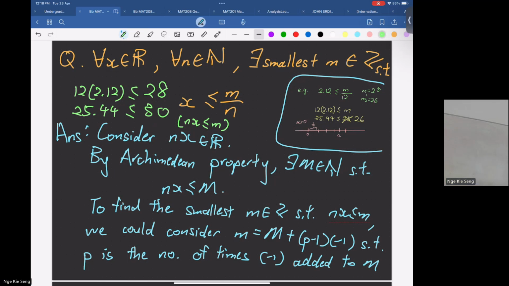Quite obvious, right? You can use all sorts of ways to find the smallest integer, but I write down a general proof here. You can have a different proof, not just this one. This is my way, I just keep taking minus 1. It depends on you, but you can.